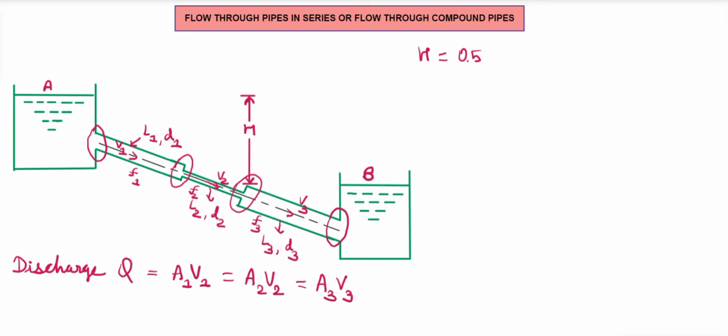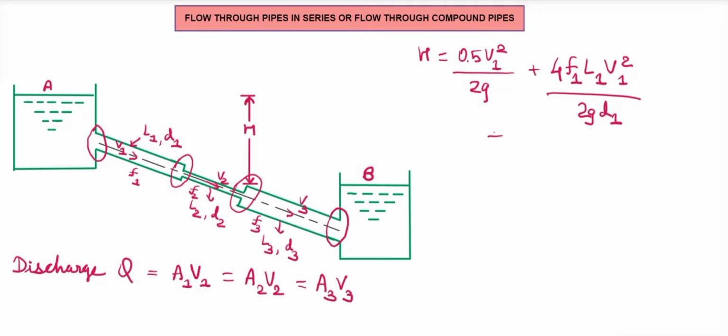We'll write the equation for the head loss. The entry loss is given by the equation 0.5 V square by 2G. For the first pipe it is V1, so we'll write 0.5 V1 square by 2G. Then for the first pipe, we have to consider the major energy loss, which will be 4 F1 L1 V1 square upon 2G D1.